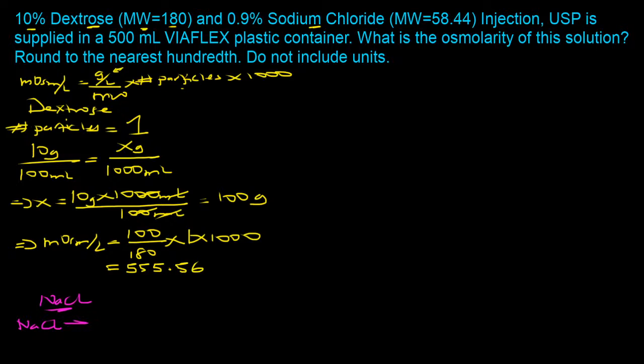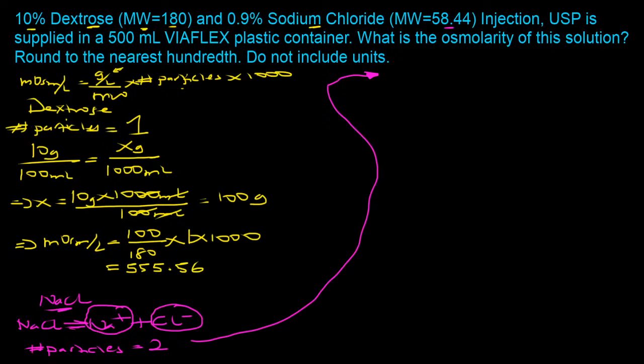It will be 2, because when you put NaCl in an aqueous environment, it dissociates to the sodium cation and the chloride anion. And your number of particles is sodium and the chloride. Okay? So number of particles is 2. We have the molecular weight, so we don't need to do much there. What remains is the quantity in grams per liter.